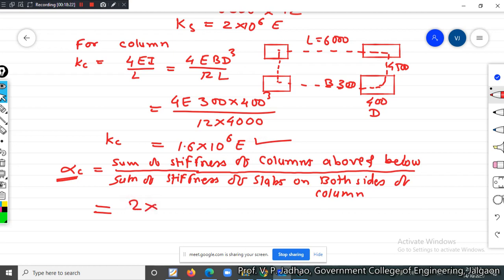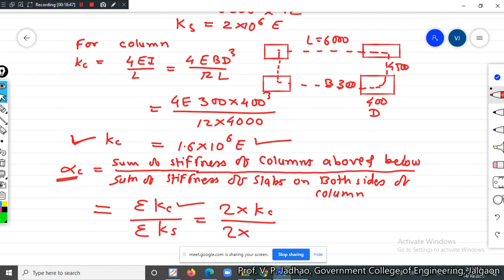Therefore 2 into Kc, divided by the summation of stiffness of slabs, that is the stiffness of the slab on both sides of your column, 2 into Ks, because all the panels are same.